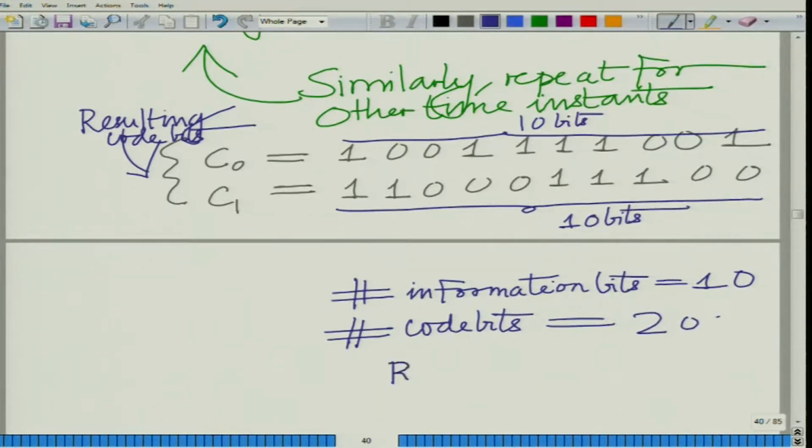Therefore, now again the rate equals number of information bits by number of coded bits.